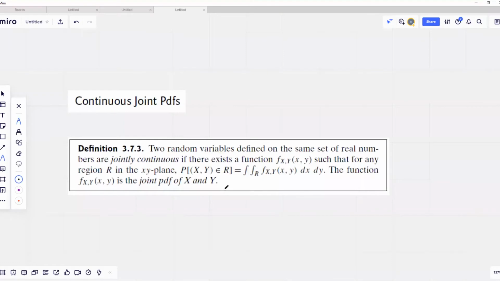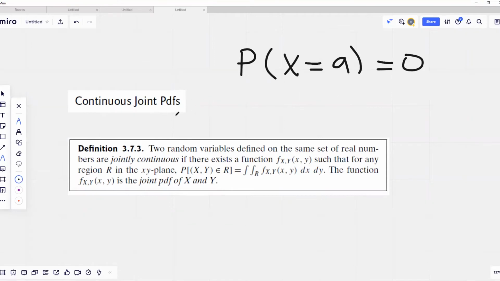Now let's consider the case when our random variables of interest, let's say x and y, are continuous random variables and we are searching for their continuous joint PDF. Like in the case when we're working with a single continuous random variable, we know that the probability that random variable x attains some specific value, let's say a, is equal to 0.